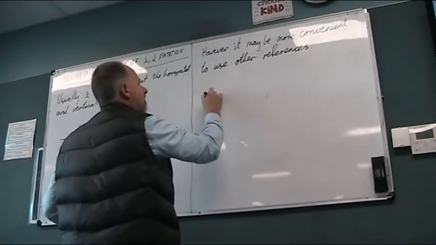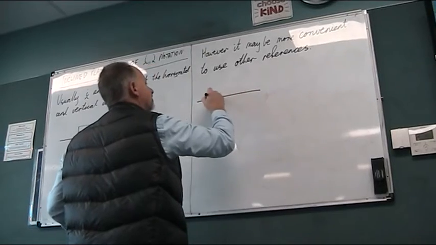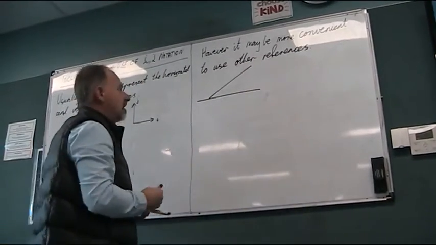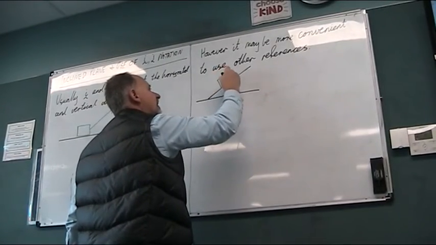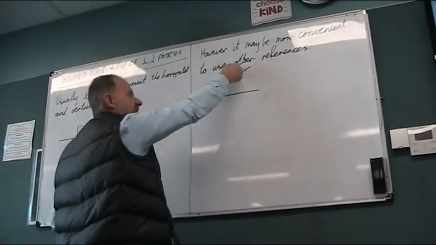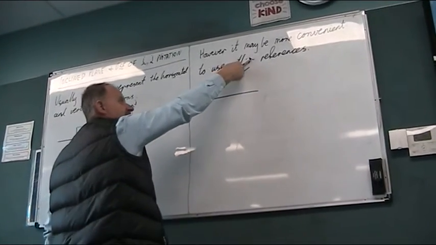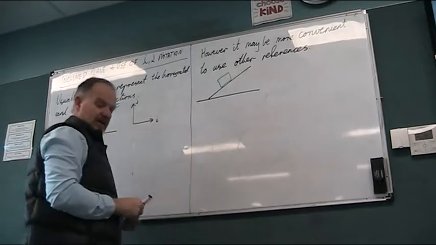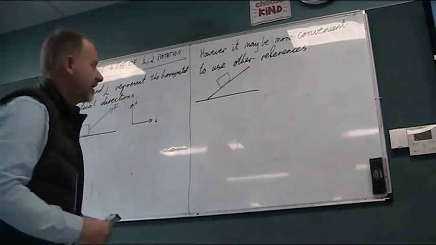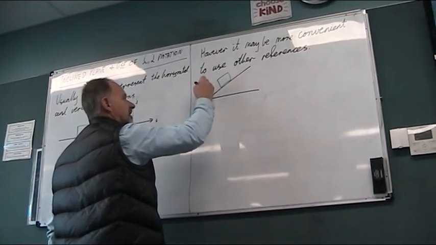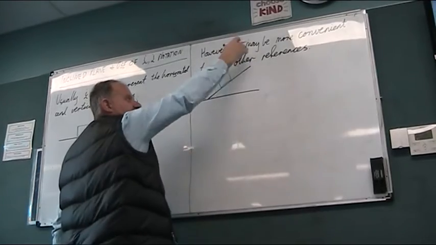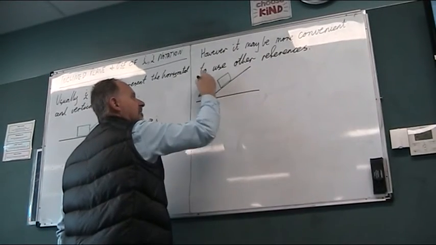Alright, so here's an example. We've got an inclined plane here. We've got our box sitting on that inclined plane, and as we know, things roll down the hills, so it's going to move this way. So it might be more convenient for us to change those I and J directions, and we can have one that's parallel to the plane and the other one that's perpendicular.